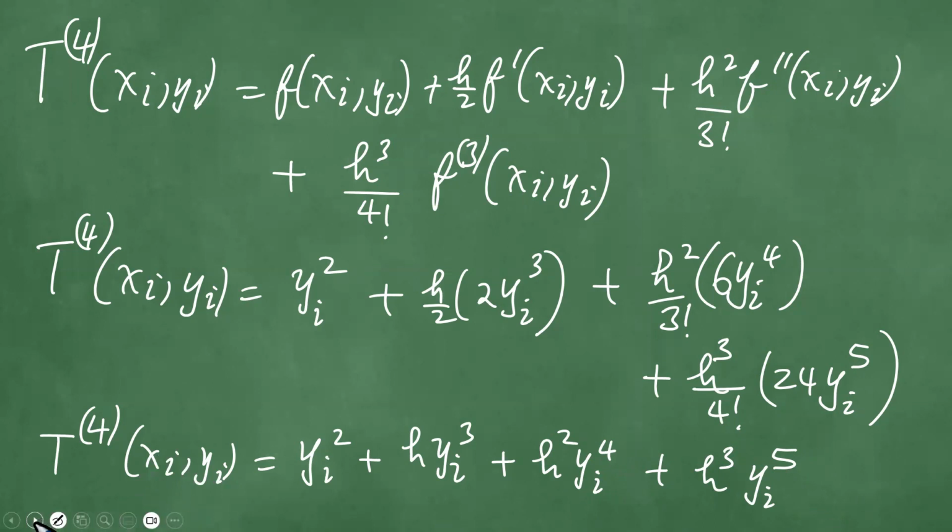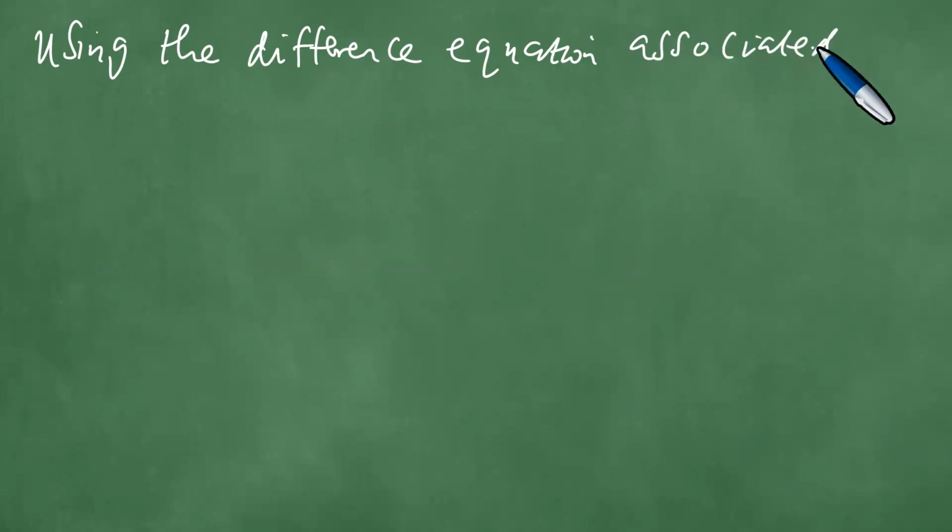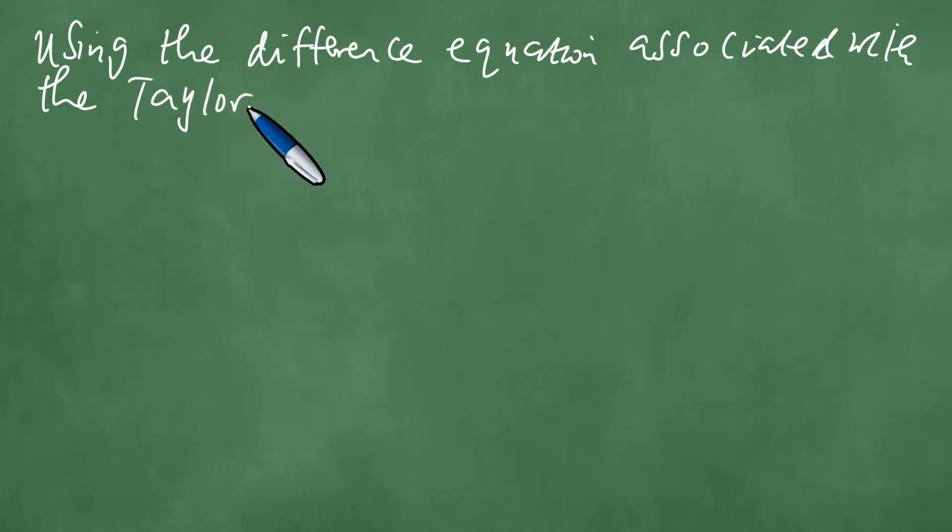So now what do we do here? We take this formula and substitute exactly what we need into the formula there, using the difference equation associated with the Taylor method of order 4 here.